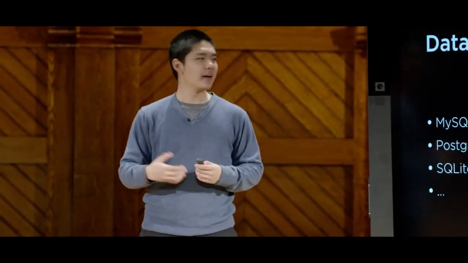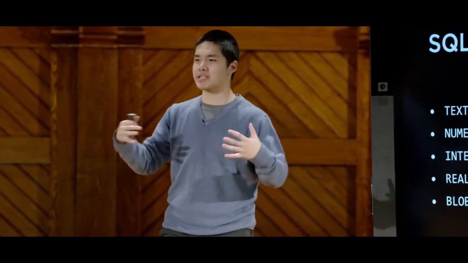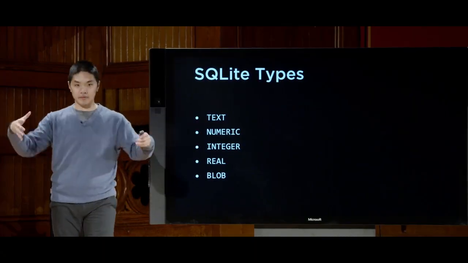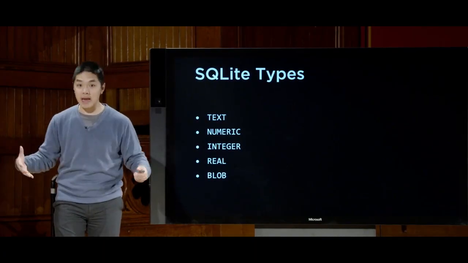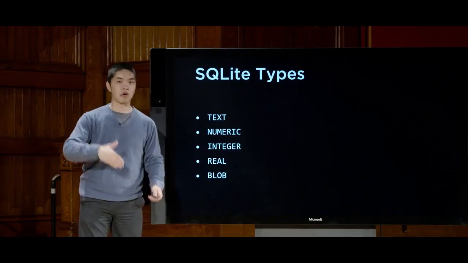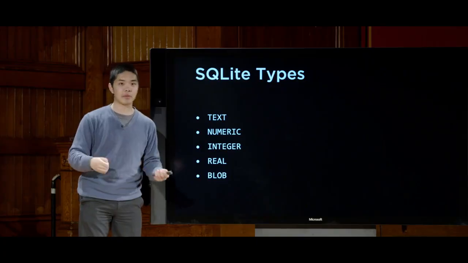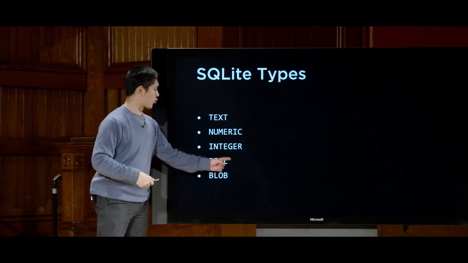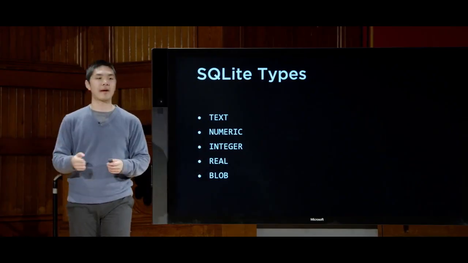SQLite, for example, has a fairly short list of basic types that it supports. It supports text, for just like strings of text, for example. Something like a city name, for instance, might be stored as text. We have support for integers, which are just 0, 1, 2, 3, 4, plus the negative numbers, -1, -2, -3, and so forth. We have support for real numbers, where real numbers don't have to just be integers.